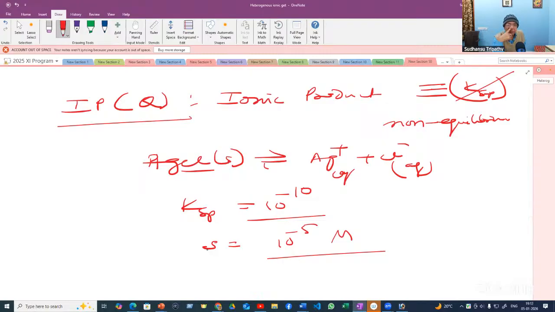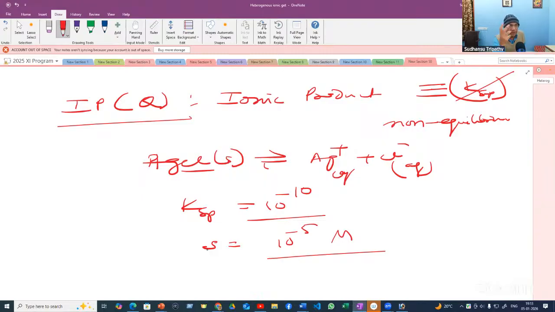Supposing you have a situation where the instantaneous silver ion concentration is 10^-3 and chloride ion concentration coming from sodium chloride, for example, is 10^-8.